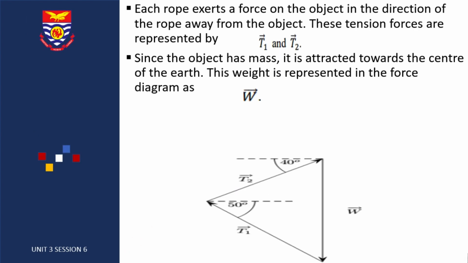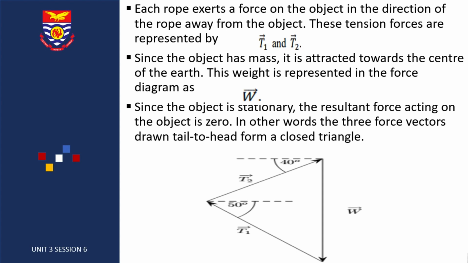Now each rope exerts a force on the object in the direction of the rope away from the object, and these tension forces were represented as T1 and T2. And since the object also has a mass, it is attracted towards the center of the earth, and because it has a mass, it will also have a weight, and the weight is represented in the diagram as W.